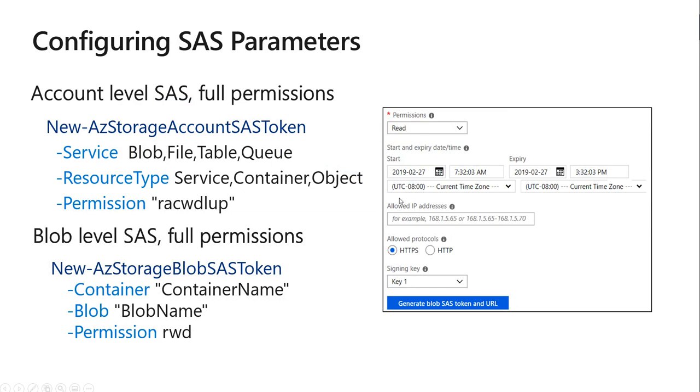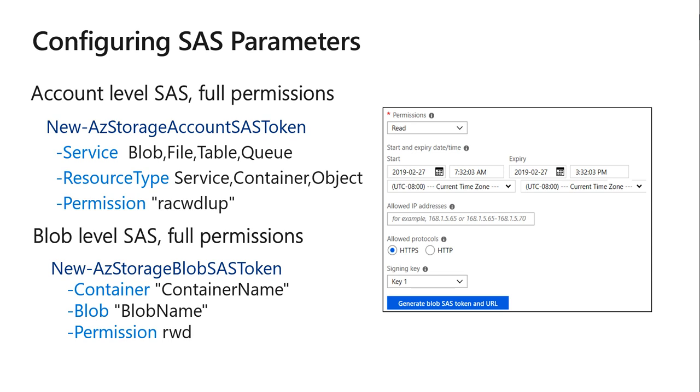To configure this, you have to specify a lot of things. First is the permission level: read, write, delete, copy and all that. You can select full permission, or check all the boxes if you want. Then the time it has access, which you can specify down to the seconds.